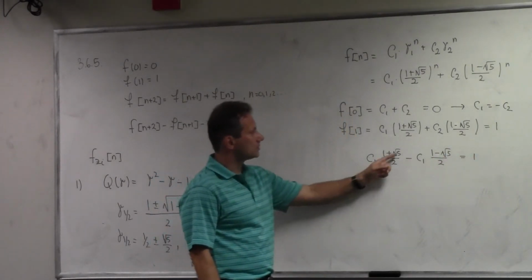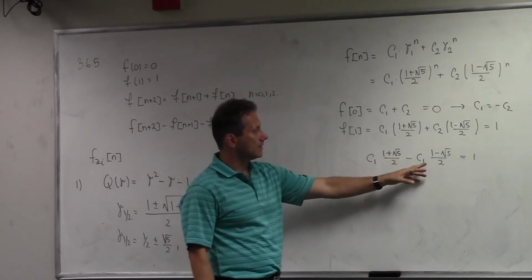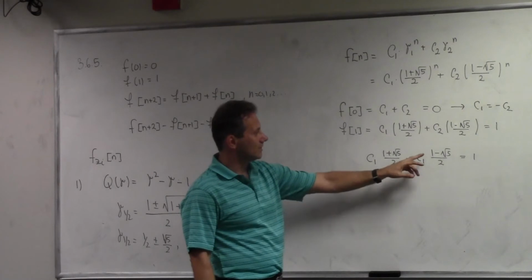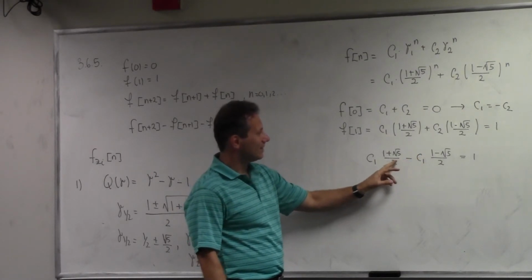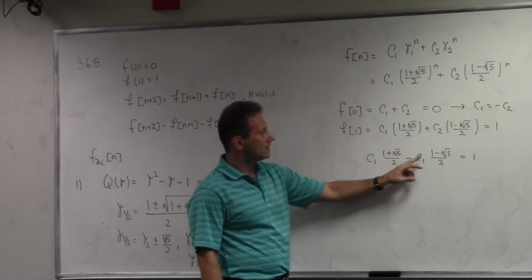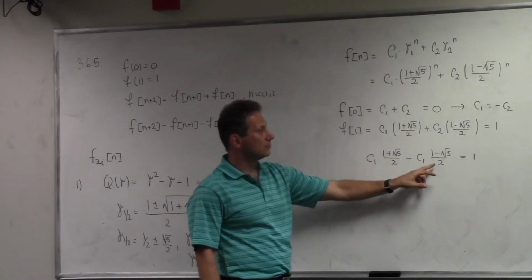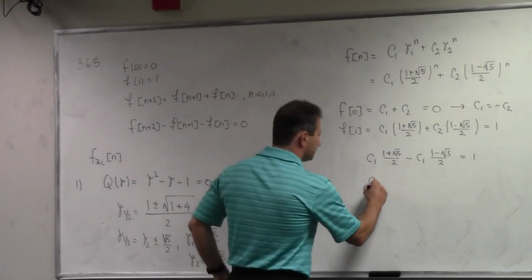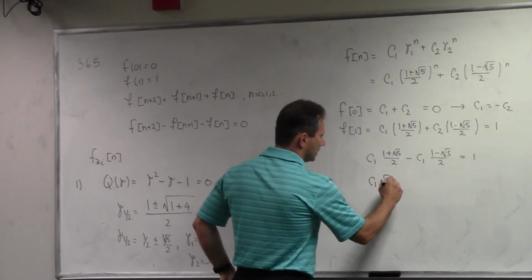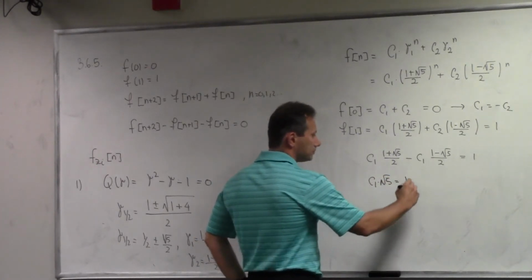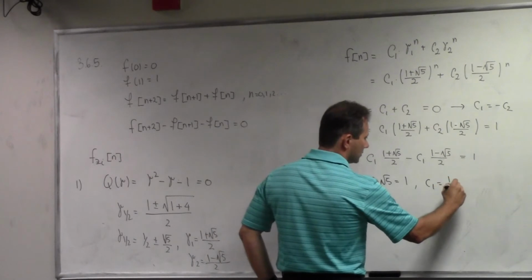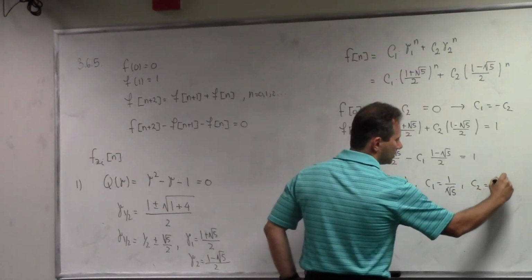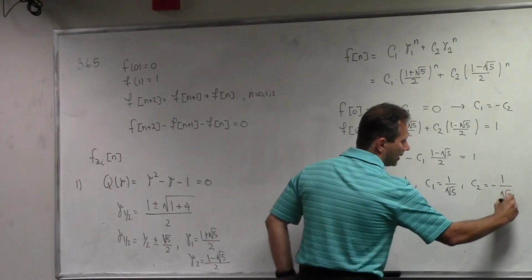So if you look at here, the square root of 5 terms, no, they don't cancel. Those are the ones that add, right? So I have square root of 5 over 2 plus square root of 5 over 2, so I have 2 square root of 5s over 2. So C1 times square root of 5 has to be equal to 1. So C1 is 1 over square root of 5. And of course C2 is equal to minus 1 over square root of 5.